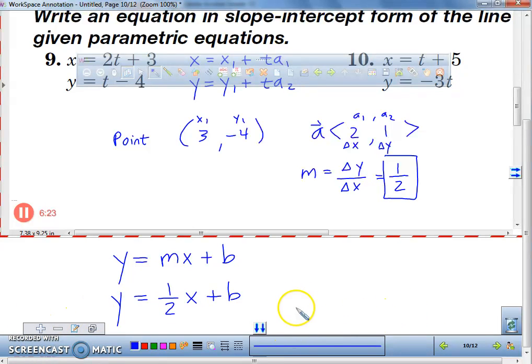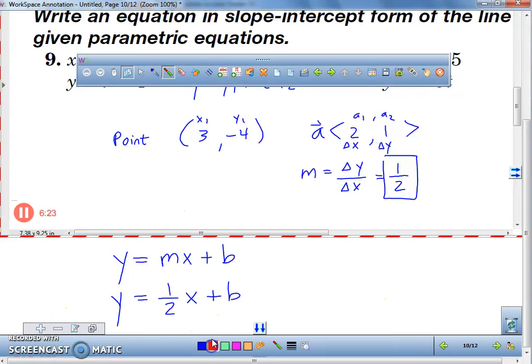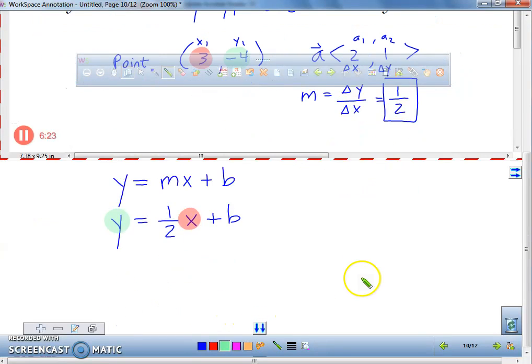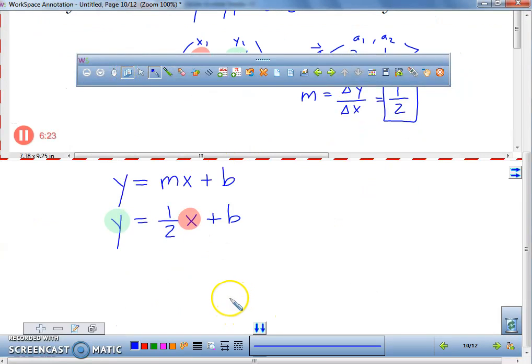All right, now here comes the cool part. I have a value for x, and I have a value for y. So what I'm going to do right now is take this 3 and plug it in right here, and take this negative 4 and plug it in right here. Now, let's rewrite with everything plugged in.